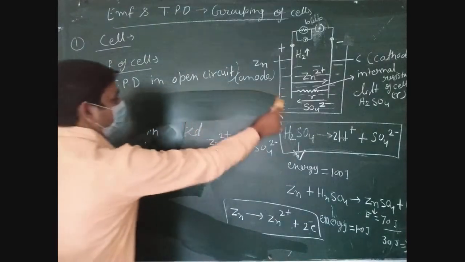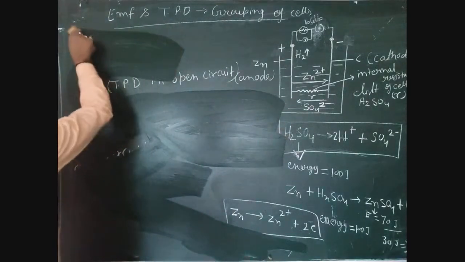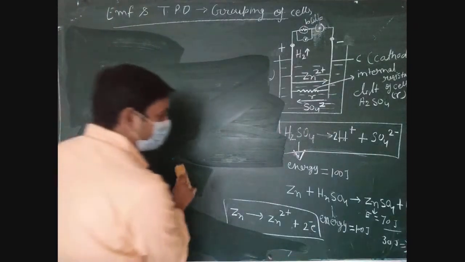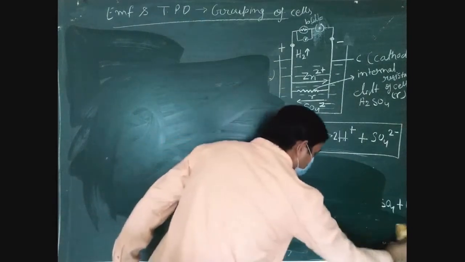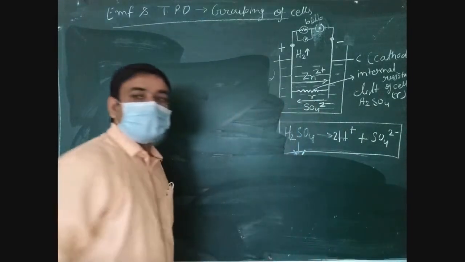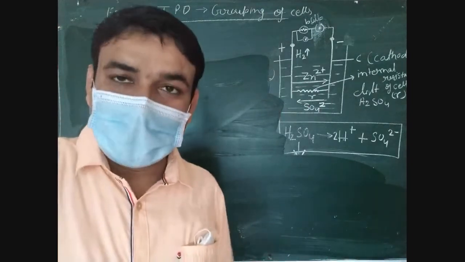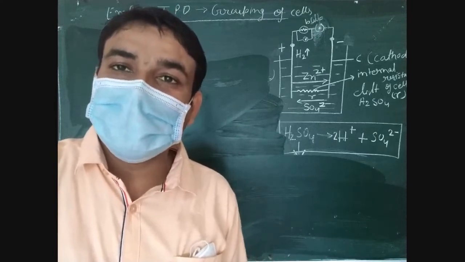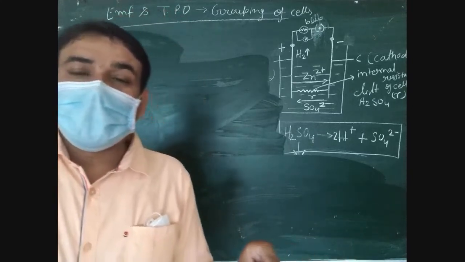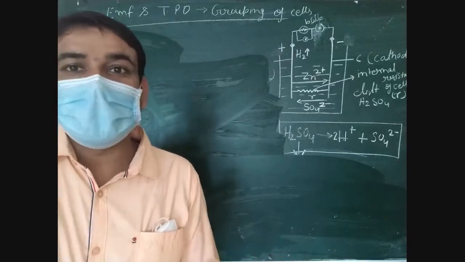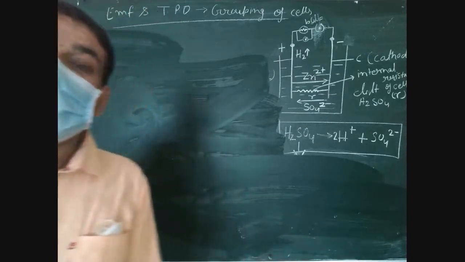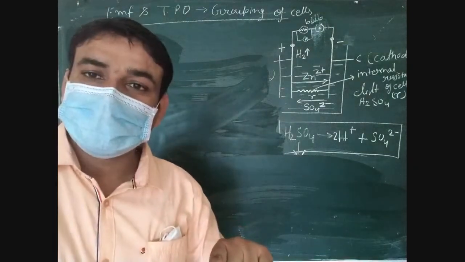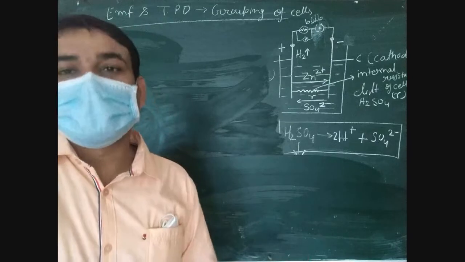Now we understood some points on internal resistance. Two things are very clear: the EMF of a cell is equal to the maximum terminal potential difference when no current is taken, which means the maximum terminal potential difference of a cell is equal to the EMF in the open circuit, and the terminal potential difference is equal to the EMF in the closed circuit.